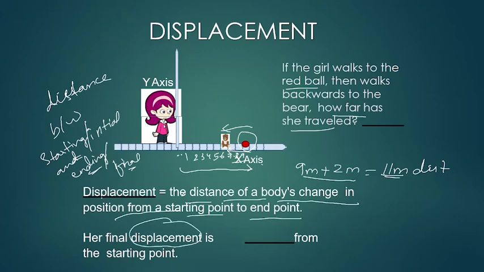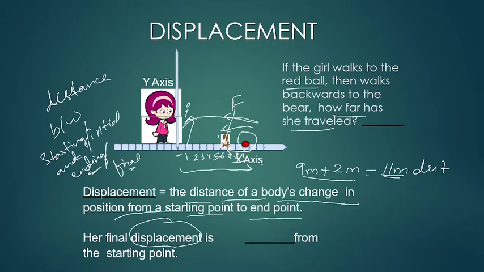Okay, so here this is the starting point. As we know, the girl is moving to the ball and again moving back towards the teddy bear. So here it is our final point. This is our initial point and this is our final point, where the teddy is.